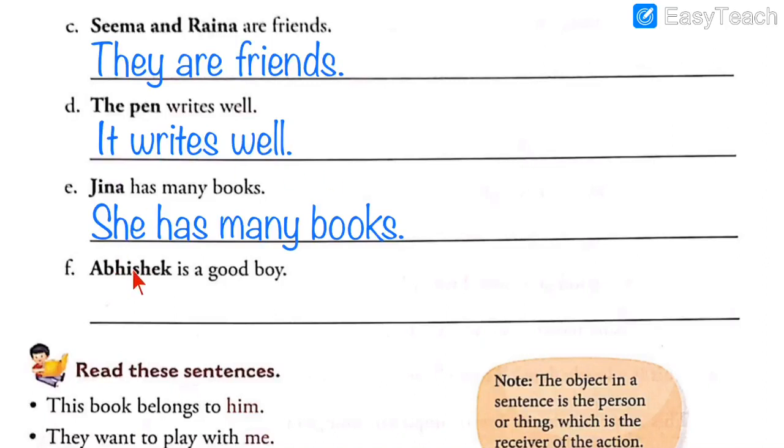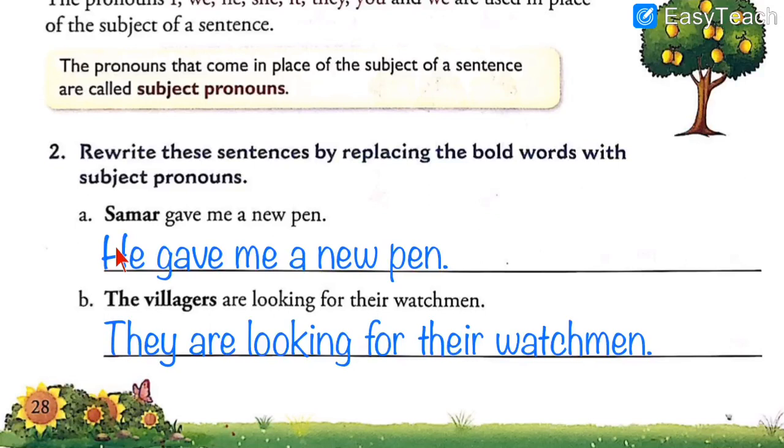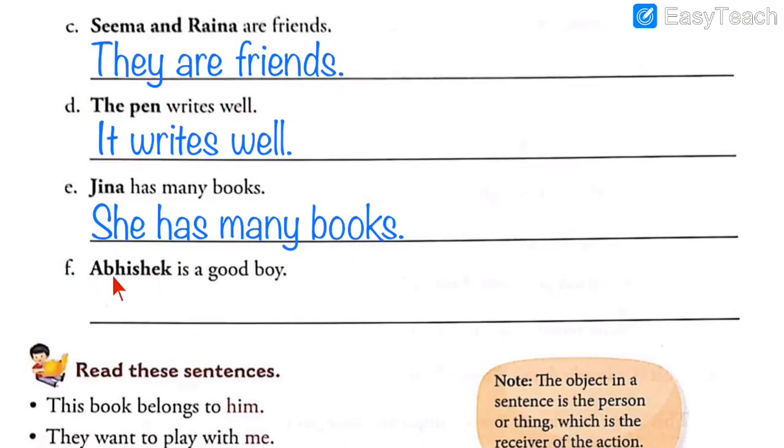Now let us see the last sentence, number 6. Abhishek is a good boy. Over here, as you can see, Abhishek is the name of a boy. Obviously it is written over here boy, so you know that it is the name of a boy. So just as in the first sentence we used he for Sameer, similarly in this sentence for Abhishek, we shall use the pronoun he and write the answer.